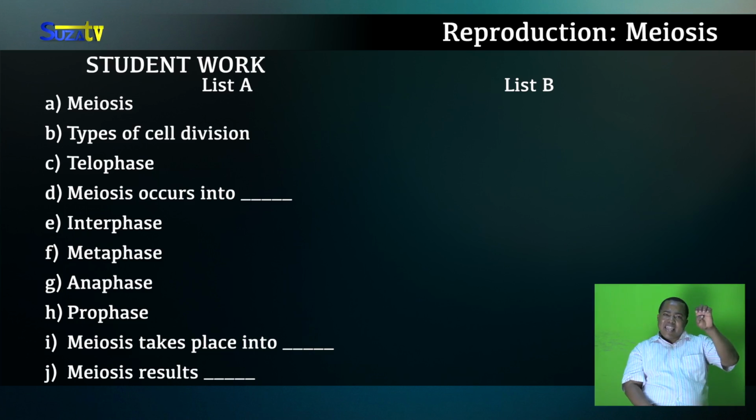E. Interphase. F. Metaphase. G. Anaphase. H. Prophase. I. Meiosis takes place in. J. Meiosis results.